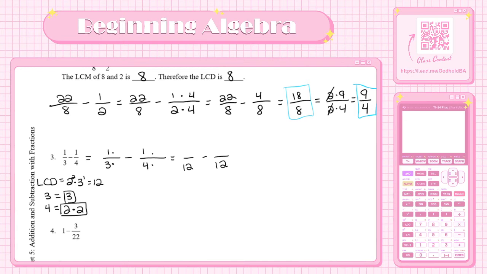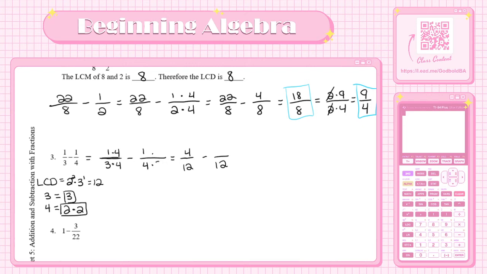So to multiply 1/3 by something, I multiplied the denominator by 4 to get 12, so I also need to multiply the numerator by it, so I get 4/12.